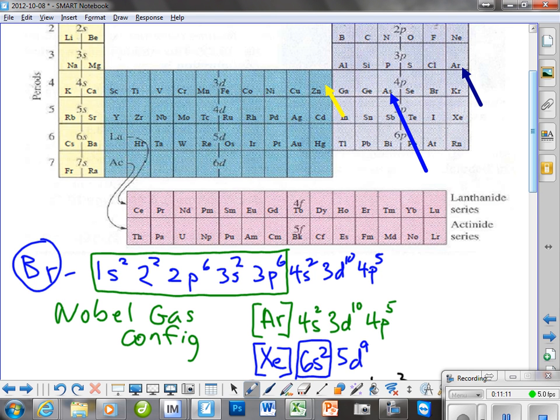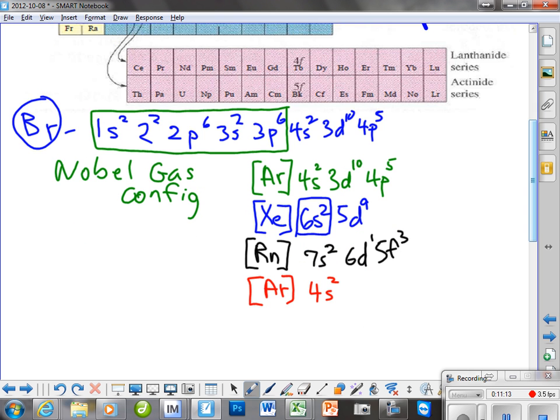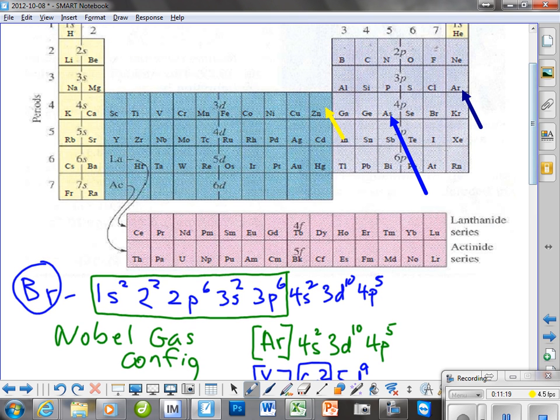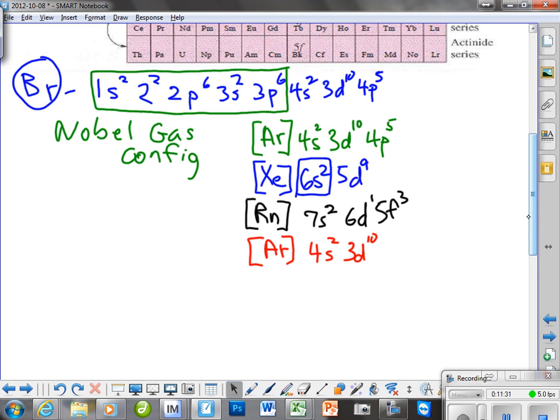Okay, so that's 3d10. And what's our last part? 4p. Yeah, see, we go into the p's and we got 1, 2, 3 in the 4p. And so 4p3 is our last part.